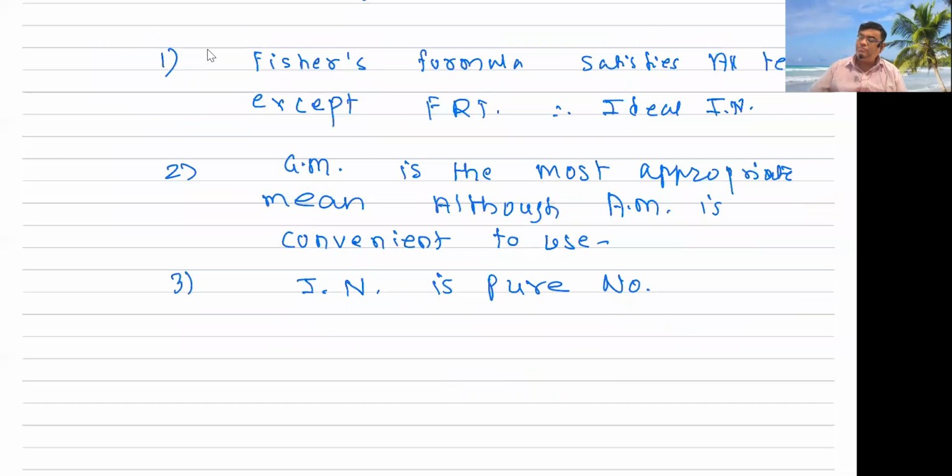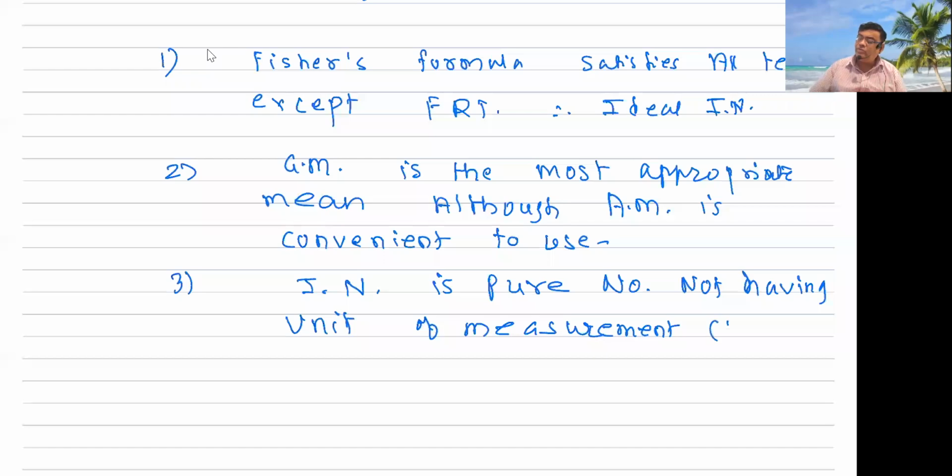Index number is the pure number not having any unit of measurement like kg, meter, liter, etc.